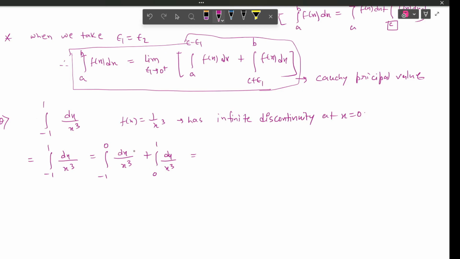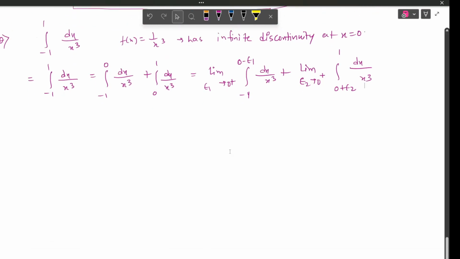So here, the limit as epsilon 1 tends to 0 plus, since we have infinite discontinuity at the upper limit, we have to subtract: the integration from -1 to 0 minus epsilon 1 of dx by x cube plus the limit as epsilon 2 tends to 0 plus of the integration from 0 plus epsilon 2 to 1 of dx by x cube.